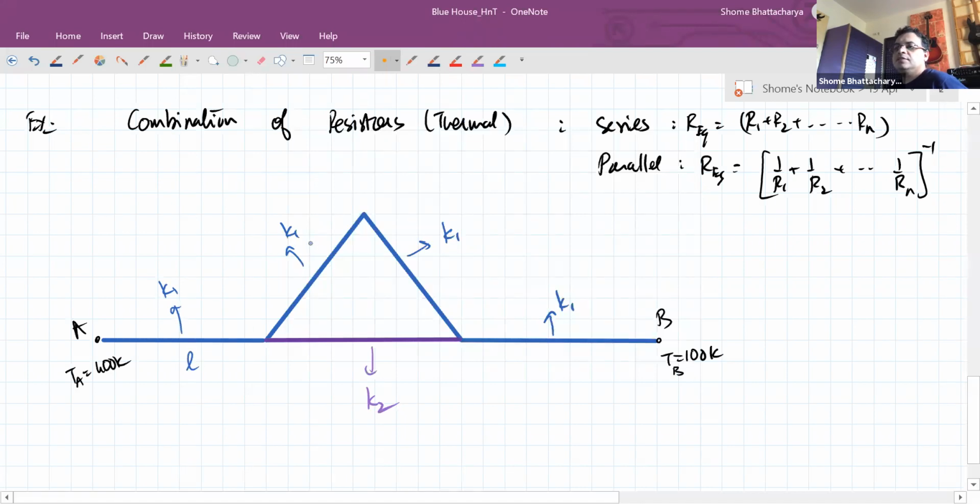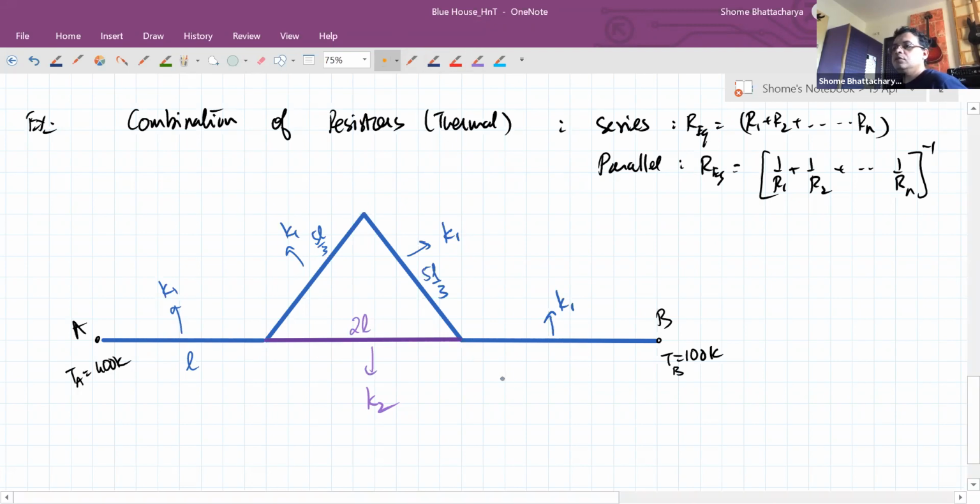Then this one has a length of 5L by 3. This one also has a length of 5L by 3. Whereas this again has a length of L. So like this. Or let's say this one has a length of 2L. So my diagram is not exactly to scale. Okay, the middle one should be longer.